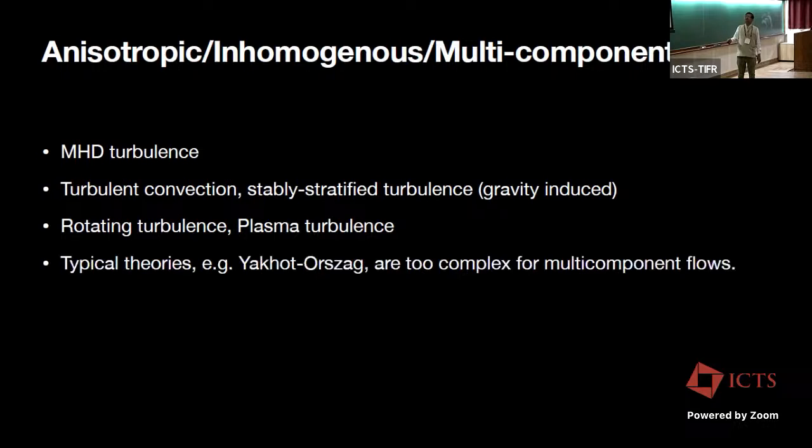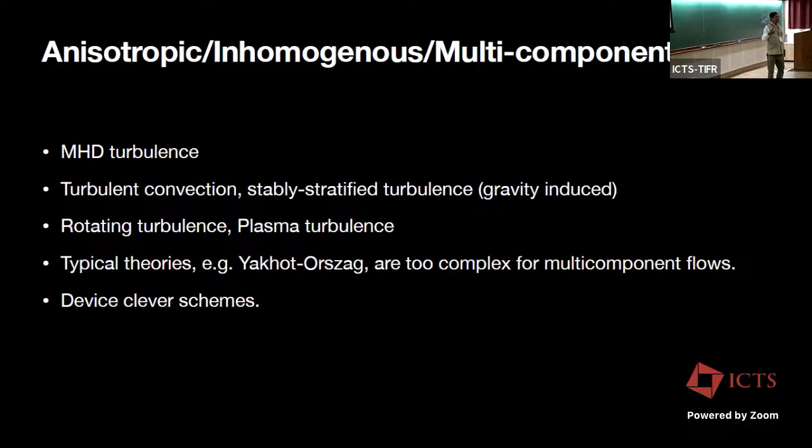Rotating turbulence, plasma turbulence. So here Yochod-Herzog becomes too complicated for attempting these problems. And some of it remains unsolved. We really don't have good work to solve the problem. Unfortunately, there are very few people who work on the application of field theory to turbulence right now.